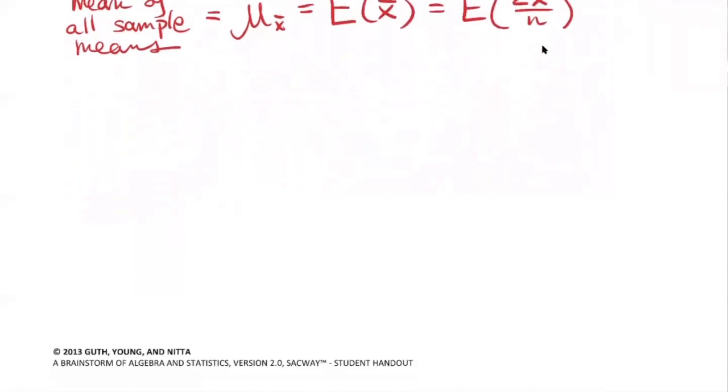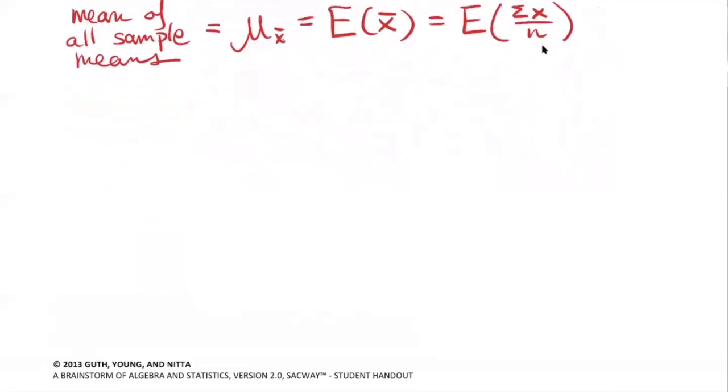Now, there's a list of rules. I wonder if I should put them down somewhere. I'm going to go down to the corner here. The rules were that the expected value of kx is k times the expected value of x. The expected value of x plus y is the expected value of x plus the expected value of y.